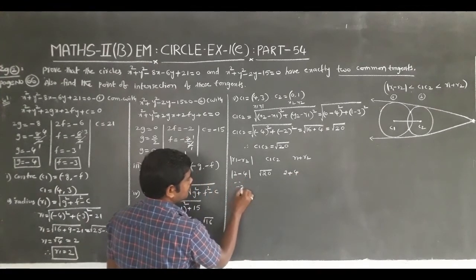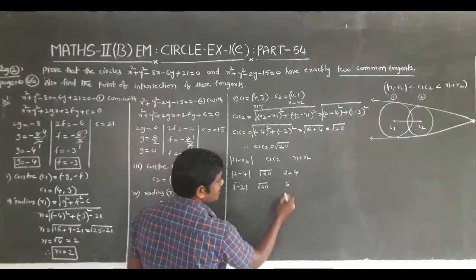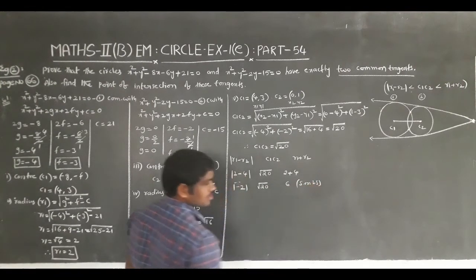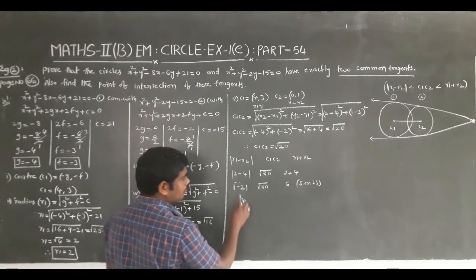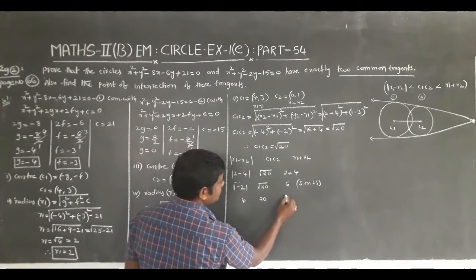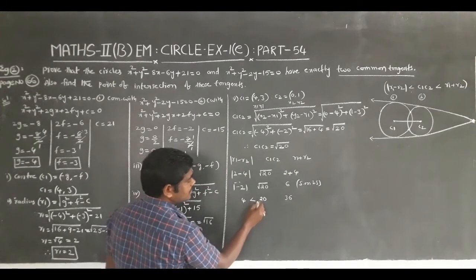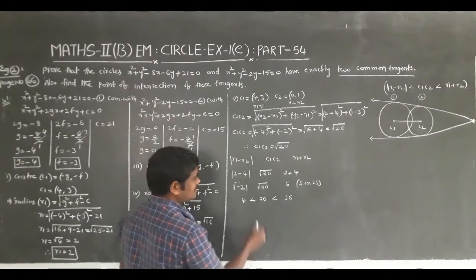So 2 minus 4 is minus 2, and R1 plus R2 is 6. Squaring on both sides: minus 2 whole square is 4, root 20 whole square is 20, 6 square is 36. 4 is less than 20, 20 is less than 36.